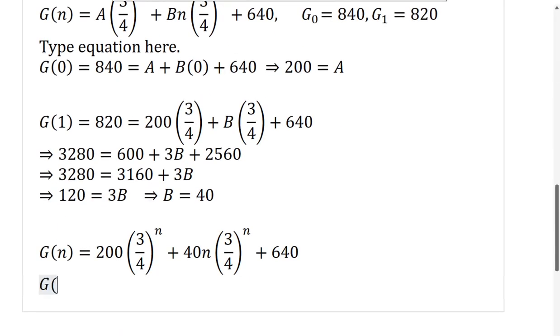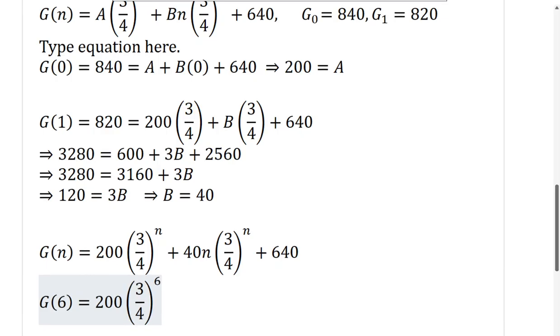So G6 is 200 by 3/4 to the power 6, which we've done already, plus 40 by 6, 3/4 to the power 6 plus 640.